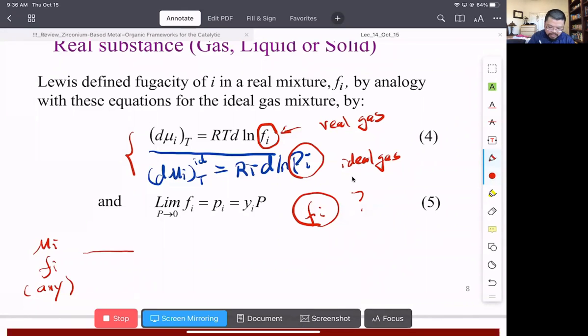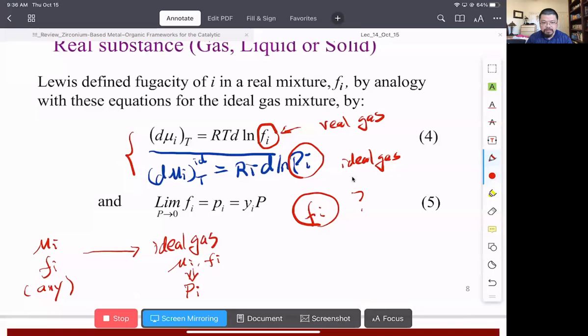When we use that for the ideal gas, we still use the very general chemical potential and fugacity, but we can also easily simplify those calculations to the partial pressure, but that is only valid for the ideal gas.